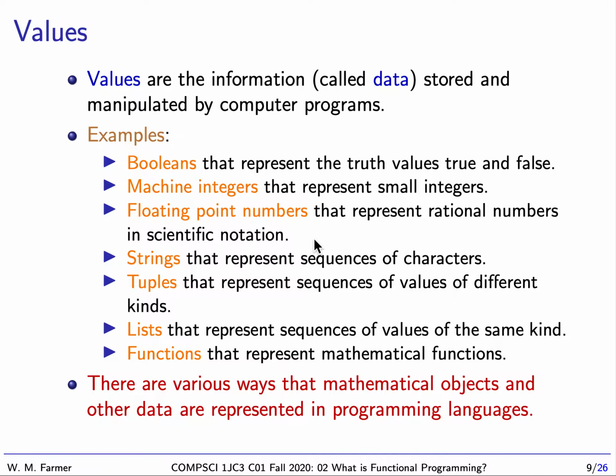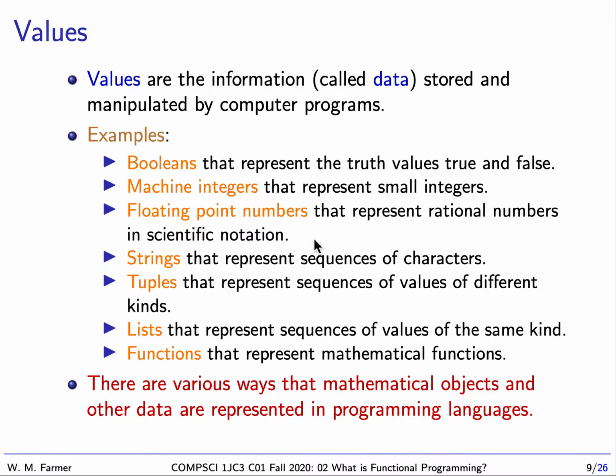These are values that represent the truth values, true and false. There are machine integers that represent a finite set of small integers in a very effective, efficient way. There are floating point numbers that represent a finite set of rational numbers in scientific notation.